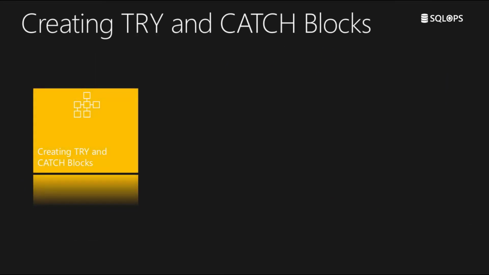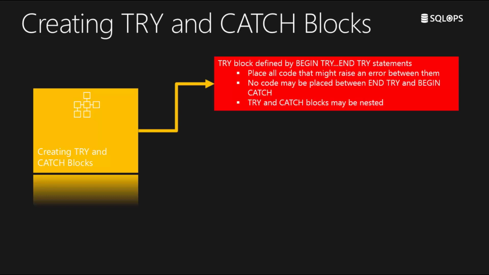Now let's see how to create the try and catch blocks. The try-catch construct is very similar to the exception handling features of Microsoft Visual C++ and Microsoft Visual C# languages. A try-catch construct consists of two parts, a try block and a catch block. The block that contains the T-SQL statements that carry out the core functionality of your procedure, such as inserting or updating tables, is the try block. And a try block is marked with begin try and end try statements.